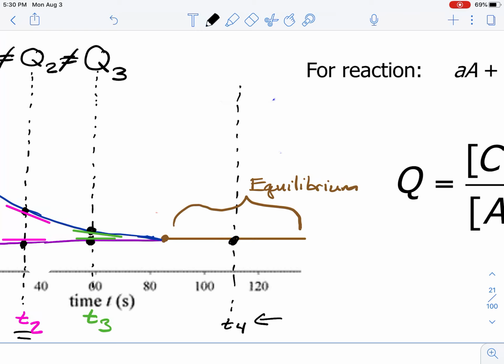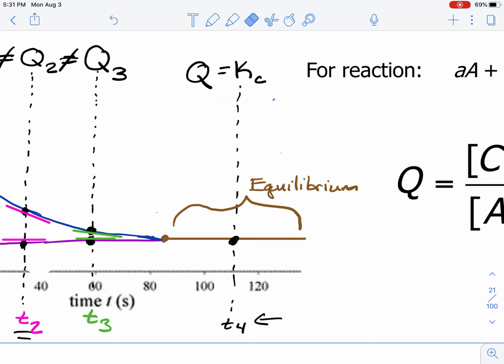And so we know that T4 is going to be represented by the equilibrium constant Kc, but it is also, at that point, where the value of Kc is equal to Q as well. Okay. So we don't really utilize Q when the chemical system is already at equilibrium.